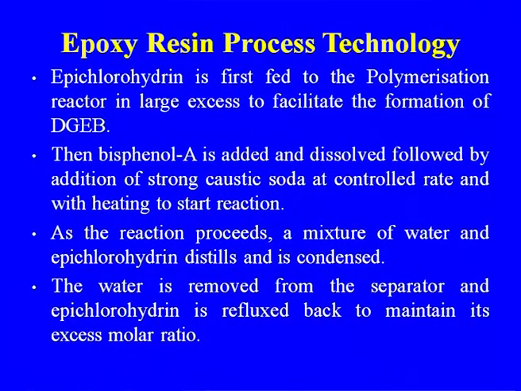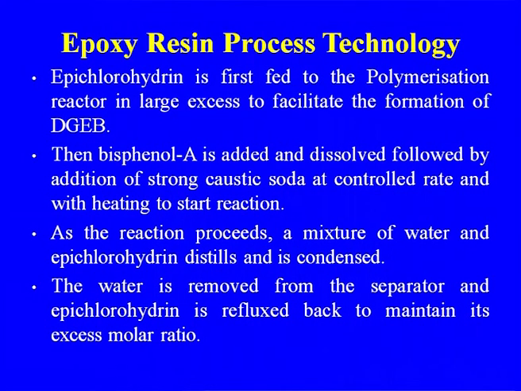Let us discuss in brief the process technology, because as we know we need two important feedstocks, that is bisphenol and epichlorohydrin. So, in the polymerization for making epoxy resin, epichlorohydrin is first fed to the polymerization reactor in large excess to facilitate the formation of DGB.